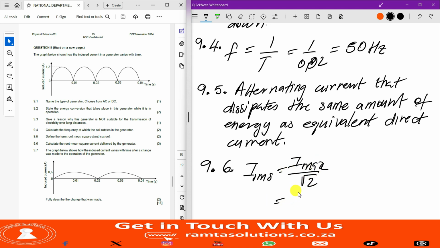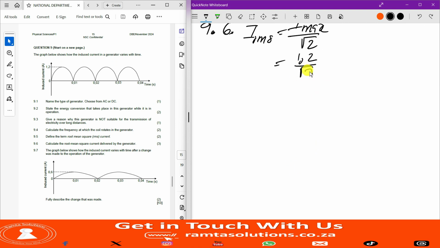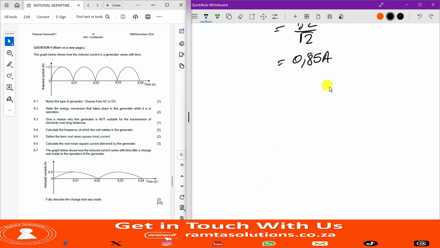Maximum current is 1.2 amperes, so 1.2 amperes over square root of 2 will give us 0.85 amperes. Do you guys see that? This is 0.85 amperes. Perfect.